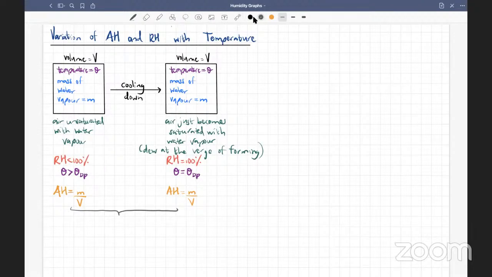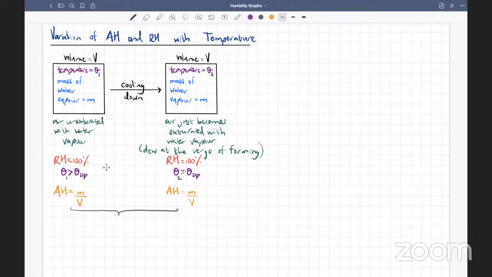Let's go for different values: theta 1 here, theta 2 here. I was trying to use theta as my variable, but otherwise it will be confusing if you put theta for both. Now temperature has reduced, no? Theta 1 is greater than theta 2. We are reducing the temperature now.